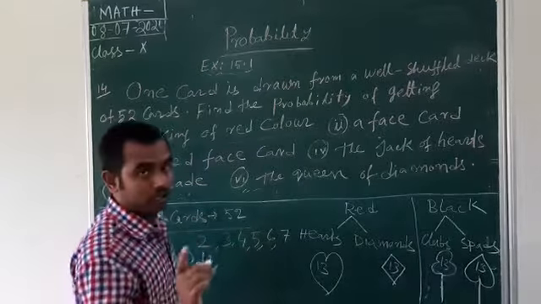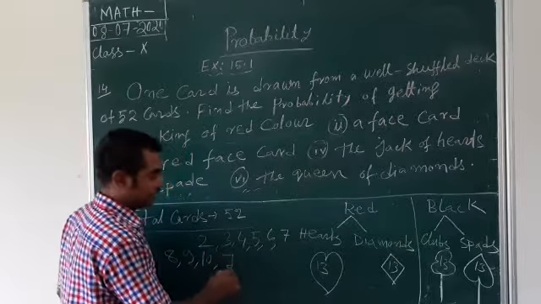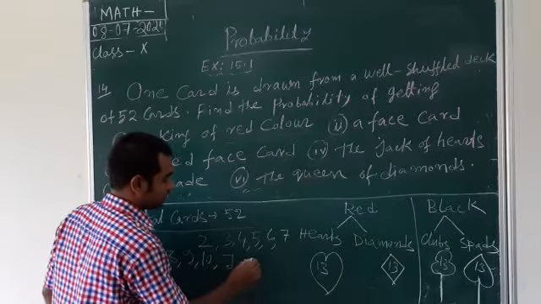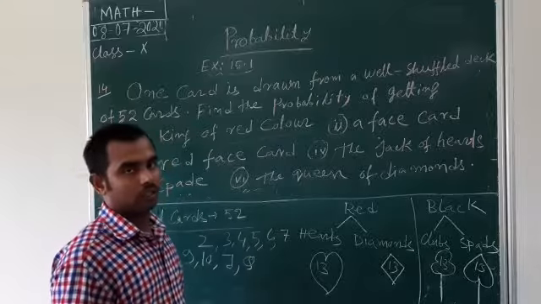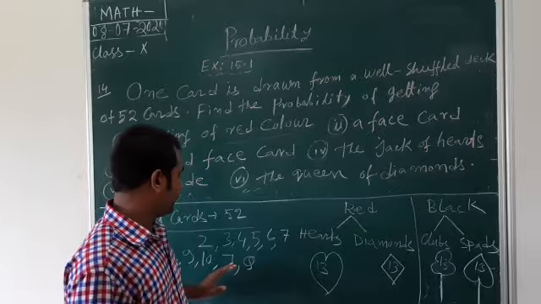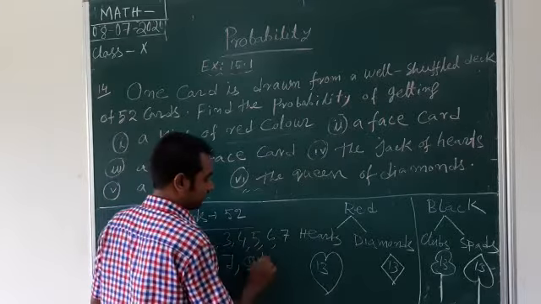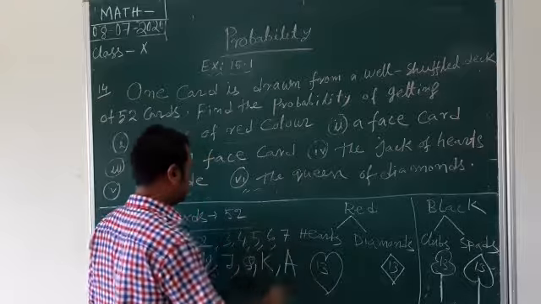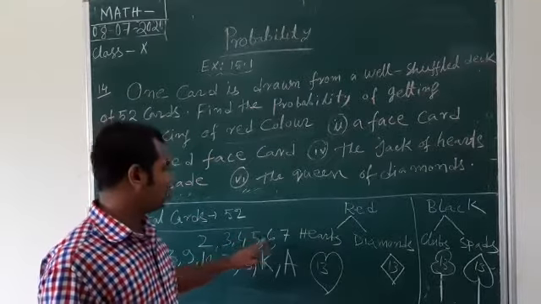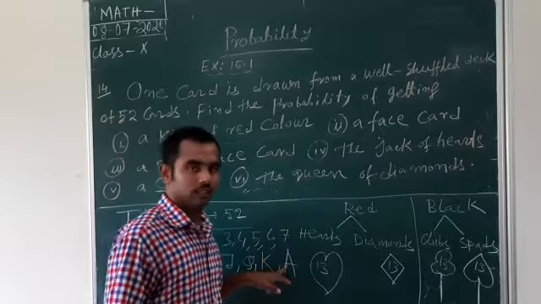Instead of 11, it is J, Jack. Instead of 12, it is Q, Queen. After Q, it is K, King. After K, it is A. That is 1, 2, 3, up to 13.